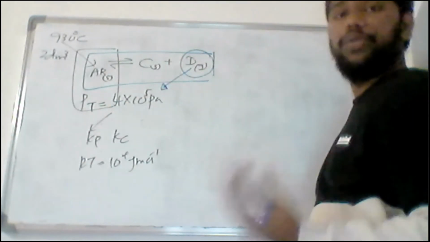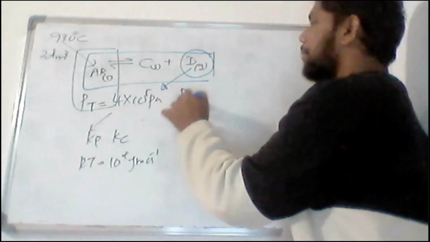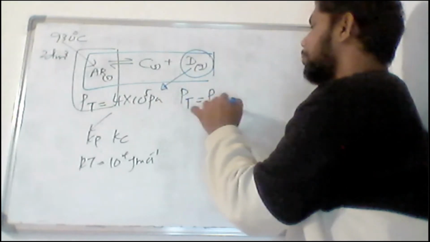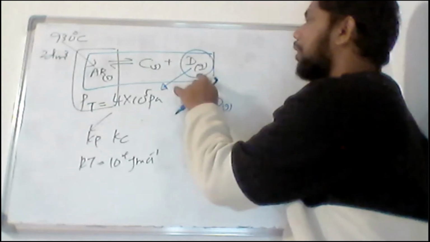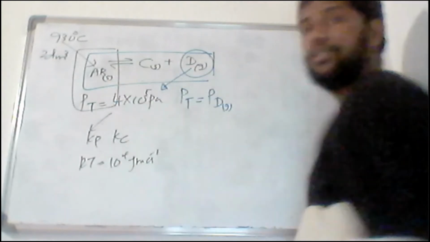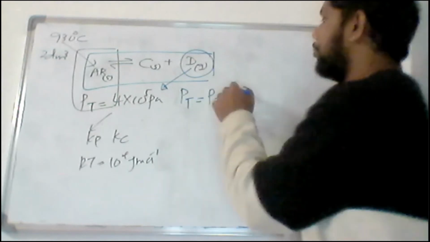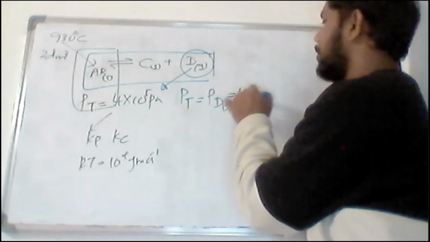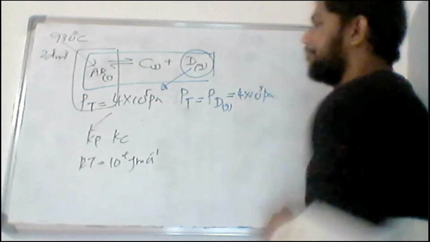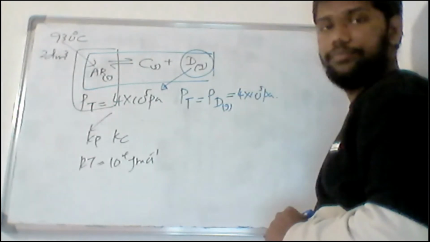So the first thing you need to identify is PT should be equal to PD gas, because this is the only gaseous product. The other two are solids. So PD is 4 into 10 to the power 5 Pascal, the same as PT.